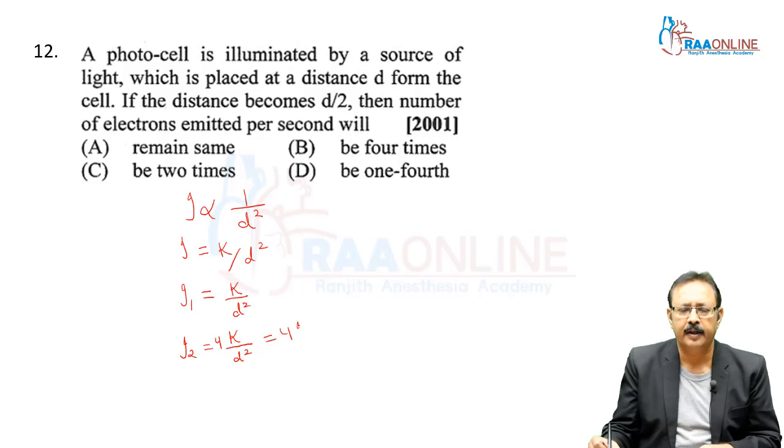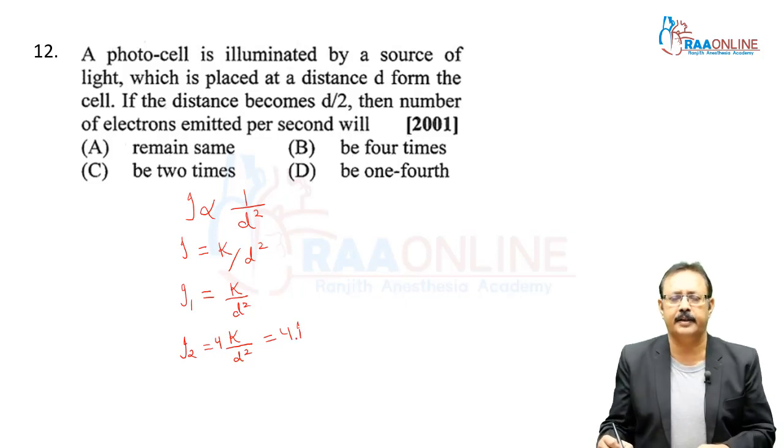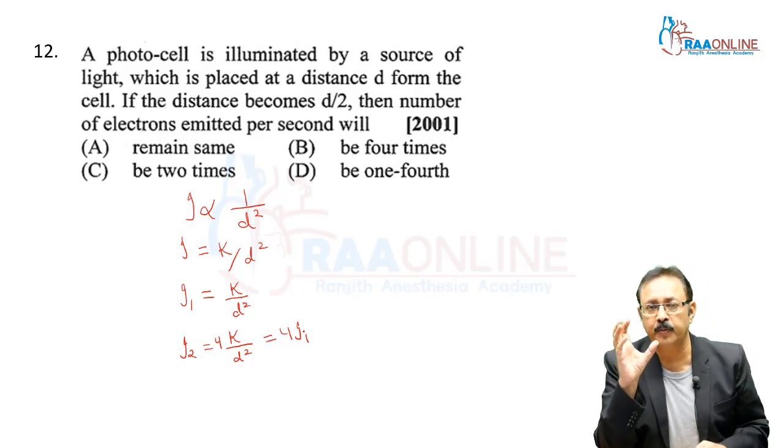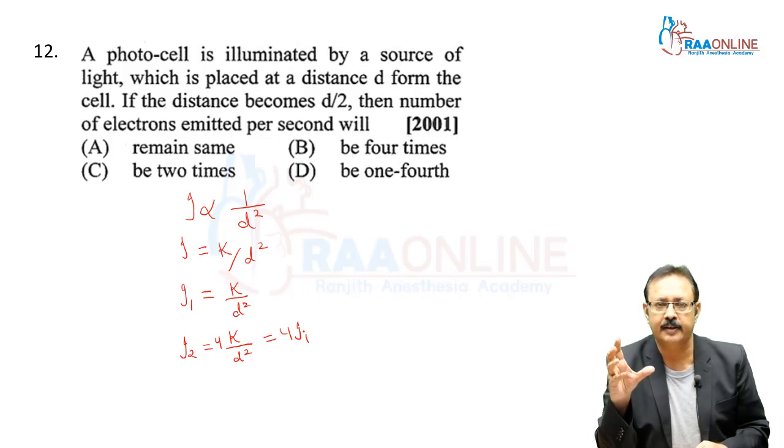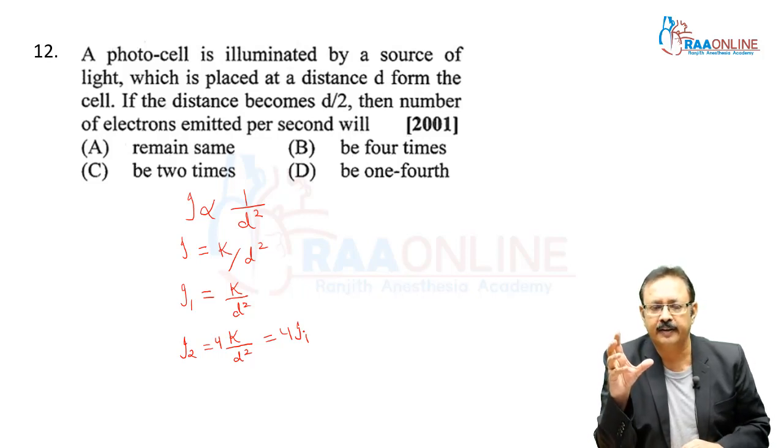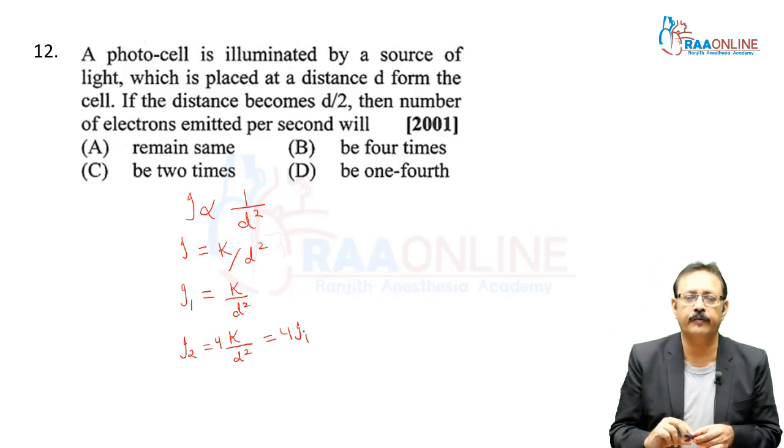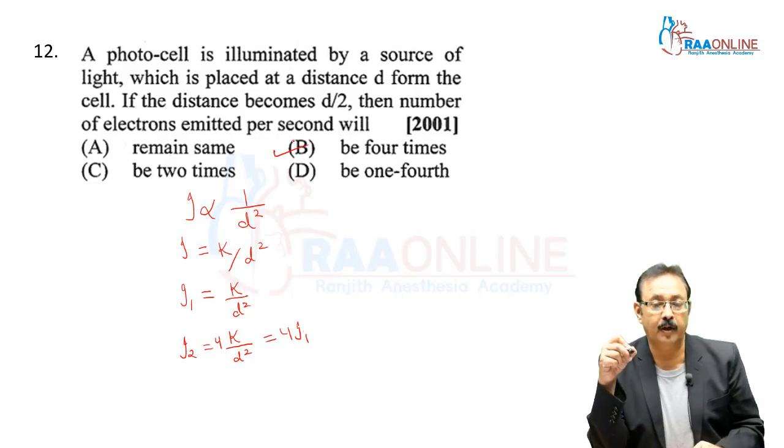It means you are increasing the intensity 4 times. It means 4 times more photons will move toward the metal surface, so they will eject 4 times more electrons. So, we are going with B, 12th B.